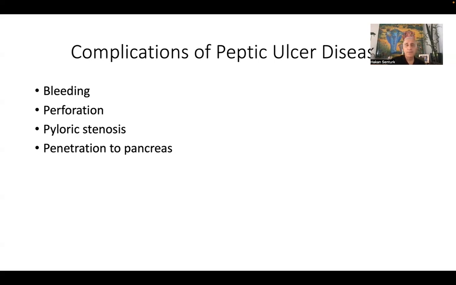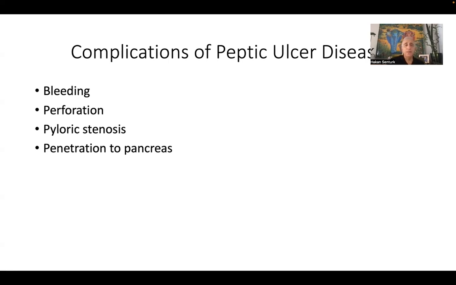Perforation used to happen frequently in the past, say 50 years ago, but nowadays it is very rare because there are very effective diagnostic tools like endoscopy, and PPI treatment and HP eradication are very effective in healing ulcers. So perforation is rare, but it still happens. Another complication which is still present is pyloric stenosis.